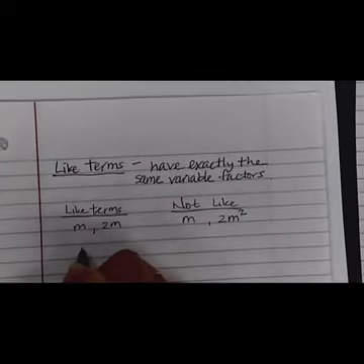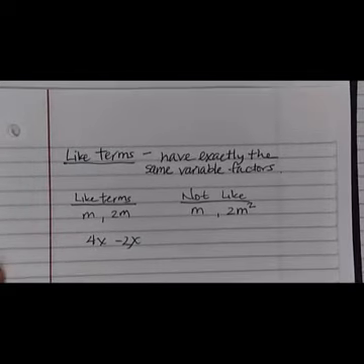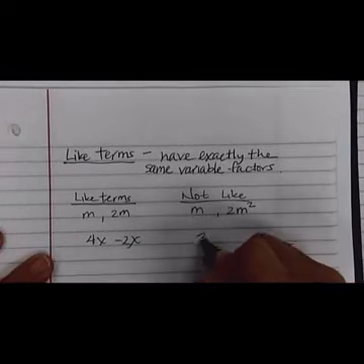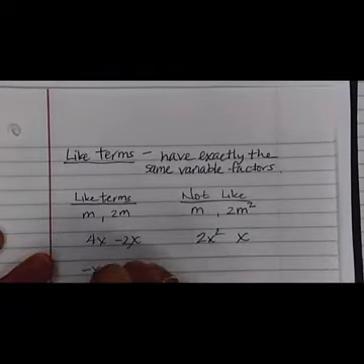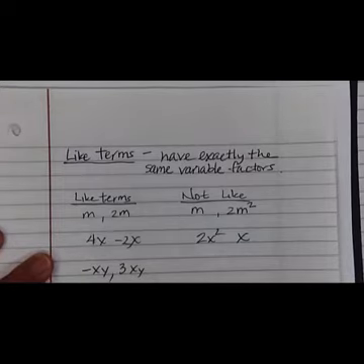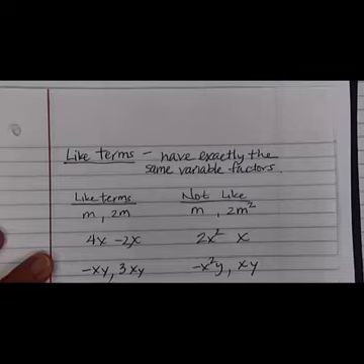Let me give you some more examples. If I have 4x and negative 2x, are they alike? Yes. If I gave you 2x squared and x, are they alike? No. If I gave you negative xy and 3xy, are they alike? If I gave you negative x squared y and xy, are they alike? Does everybody understand what I mean by like terms?